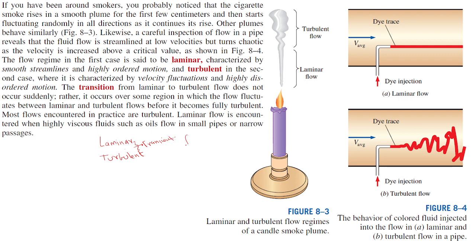Transient flow. If you look at the figure here, two examples are there. One is about your pipe, that is the dye trace, and another example is your candle smoke plume.